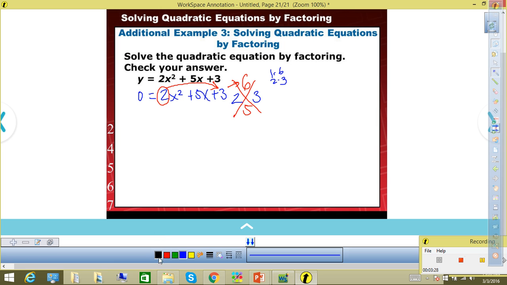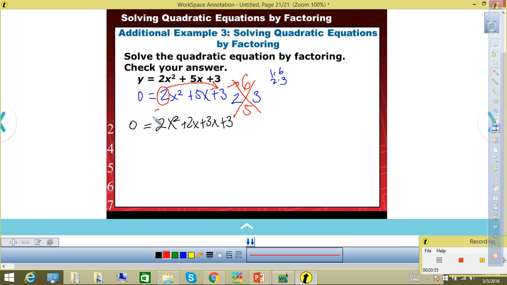Let's rewrite this. So then we rewrite this again: 2x squared plus 2x plus 3x plus 3, and all that equal to 0. Next step, Gianna. You're going to put them in parentheses and find the GCF?